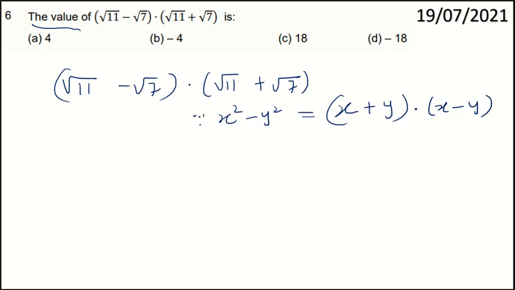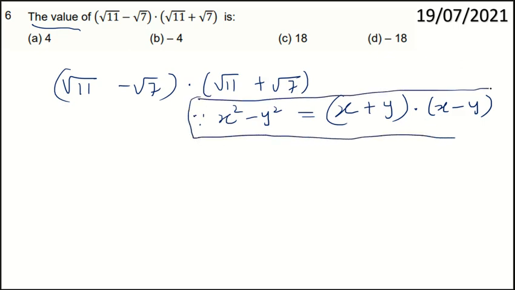If you use this identity here, x is root 11 and y is root 7.